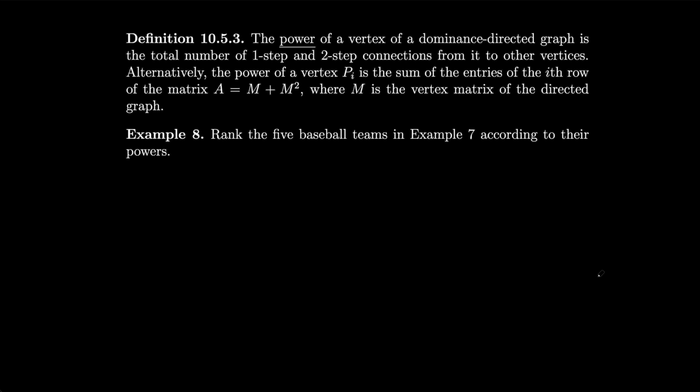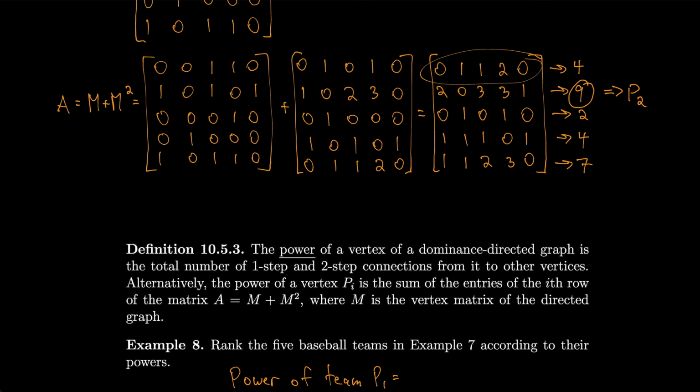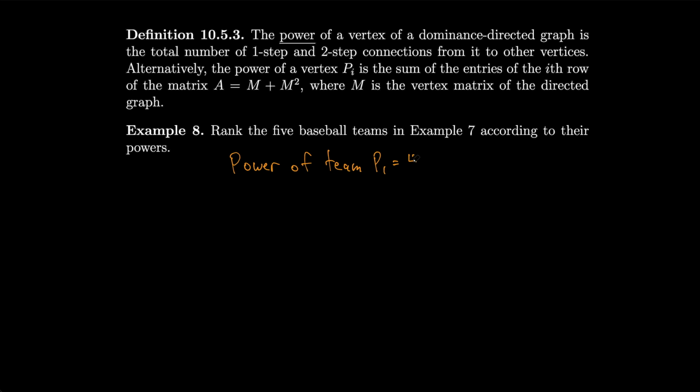We already computed the powers by adding M plus M squared. The power of team P1 is what we got when we added up its row, so that was 4. The power of team P2 would be 9.